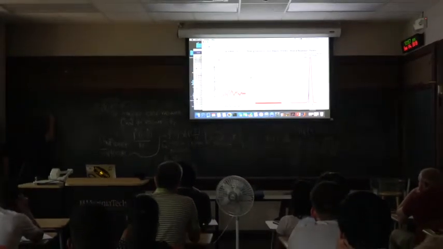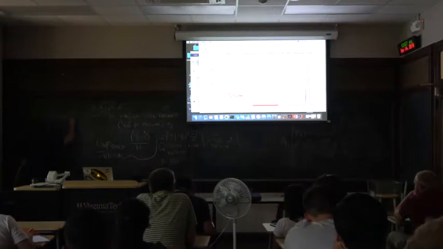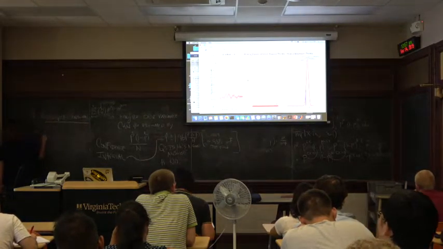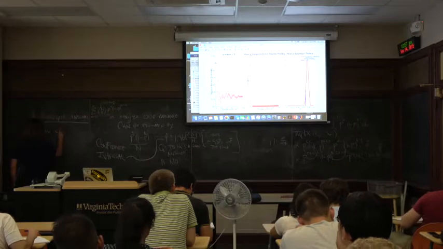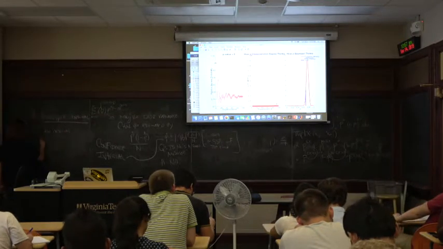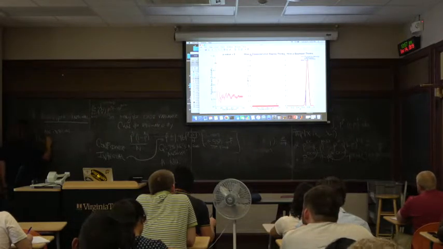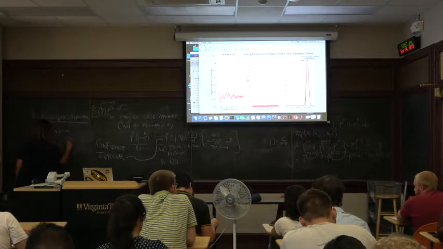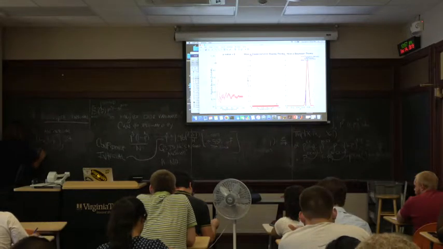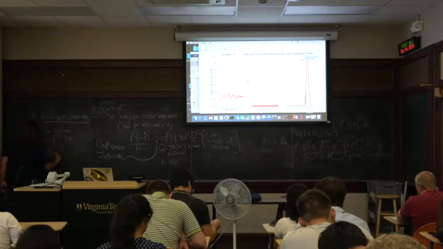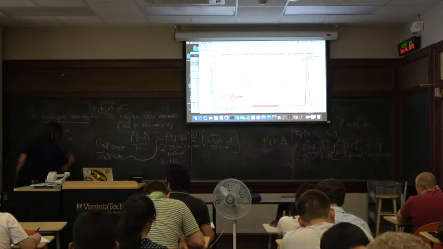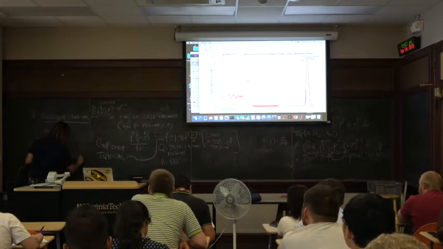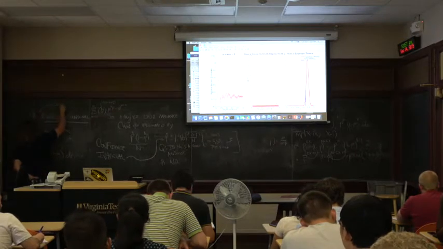So a credible interval is an interval, and I'll call this lower b for lower Bayes and upper b for upper Bayes, such that the integral of the posterior distribution over theta between lower Bayes and upper Bayes is equal to alpha. And so I should specify an alpha level.